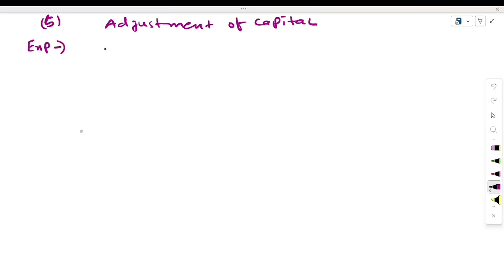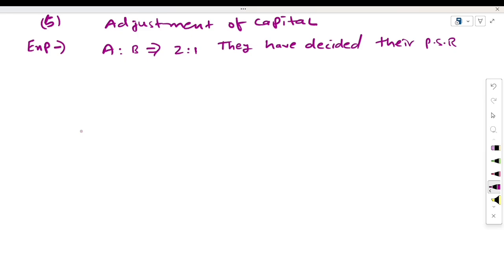Suppose A and B are partners having their profit sharing ratio 2:1, like this. Now they have decided that their profit sharing ratio would be equal from next financial year.